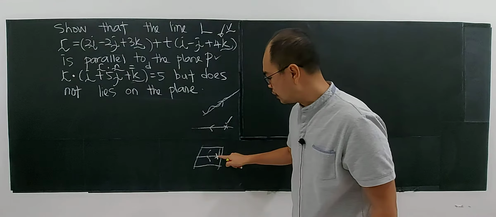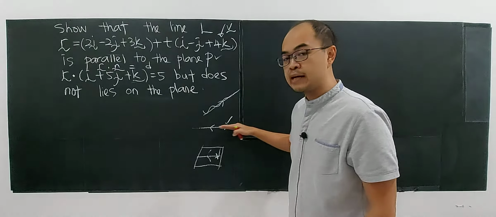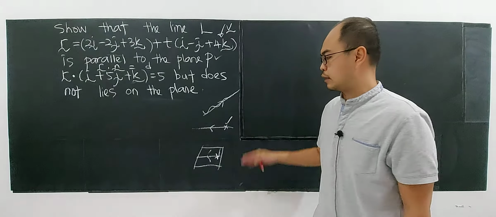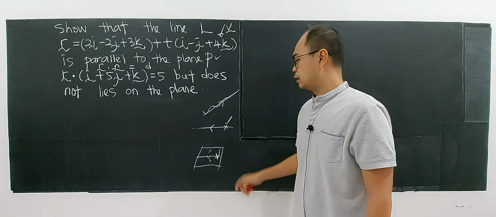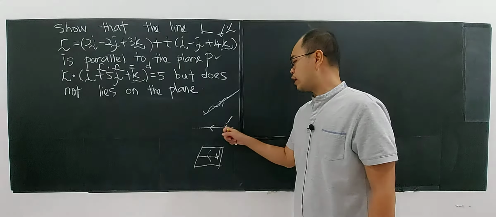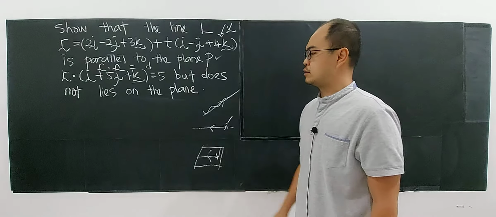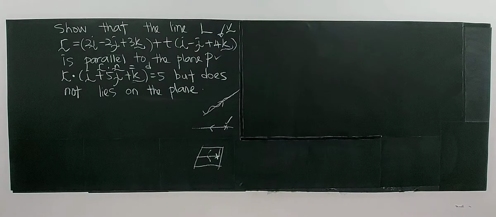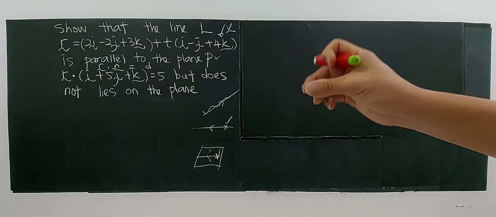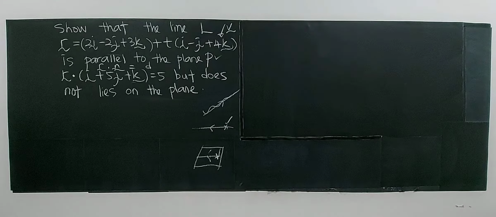Definitely every point on the line will be on the plane. Because why? The concept is the line is parallel, right? If one is on the plane, everyone is on the plane. If one is not on the plane, every point is not on the plane, right? So very easy. I just need a point on the line to make the final decision, all right?